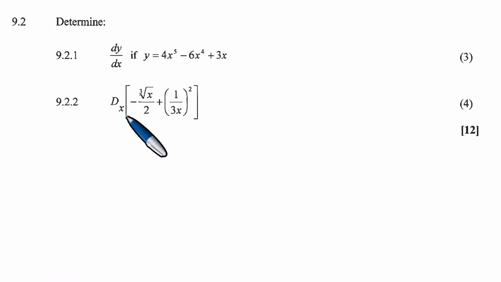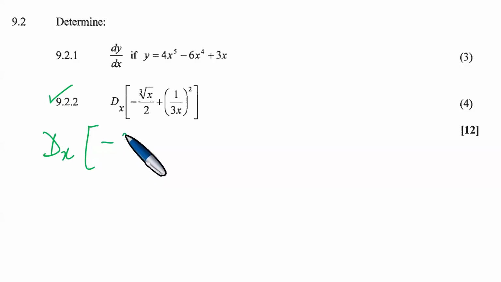Right, so the next question is the dx notation. We're looking at 9.2.2, the dx notation. So if we need to calculate dx, we calculate dx as follows. We take this particular question and we write dx.